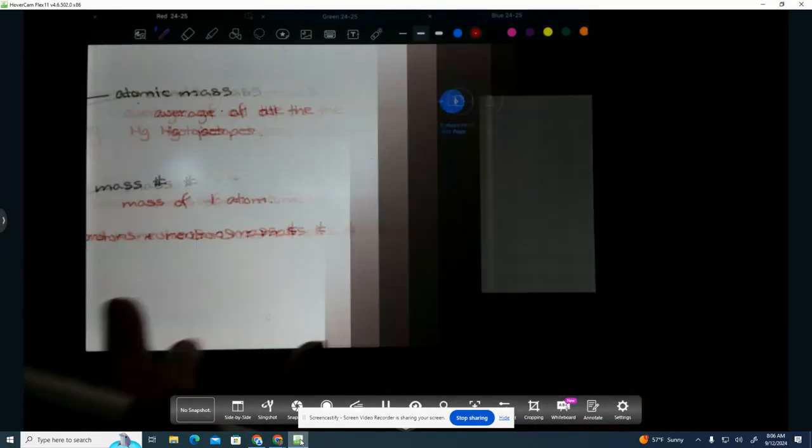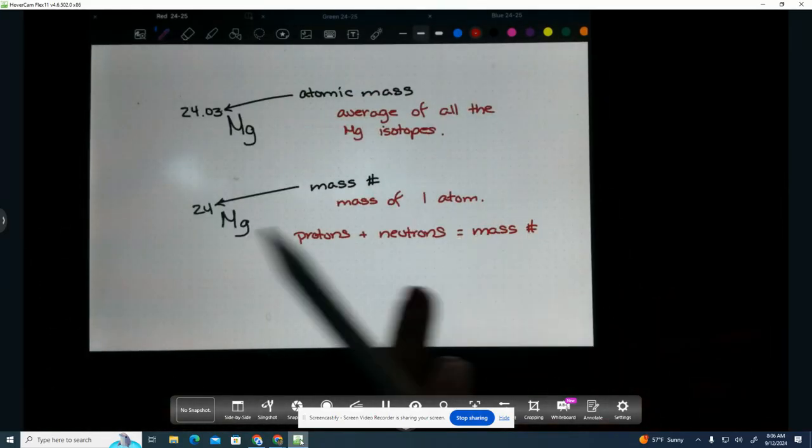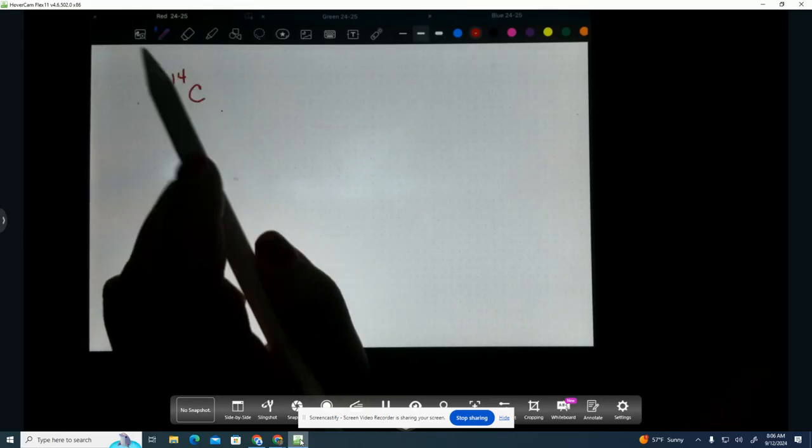All right, let's go back to this. Let's say I have a carbon with a 14 here. That 14 is representing the mass number. It's one atom and its mass is 14.